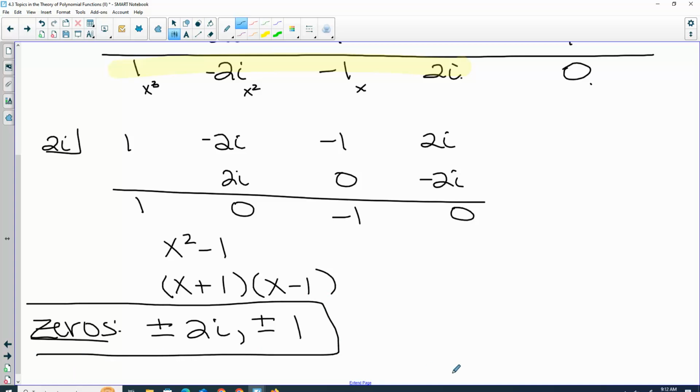Those are my 4 zeros, like we predicted at the beginning. So, same thing that we were doing back when we had only real numbers. It's just we have some i's in our synthetic, so you'll end up doing it twice every time. Once with the 0 given and once with the conjugate, if the first one is an imaginary.